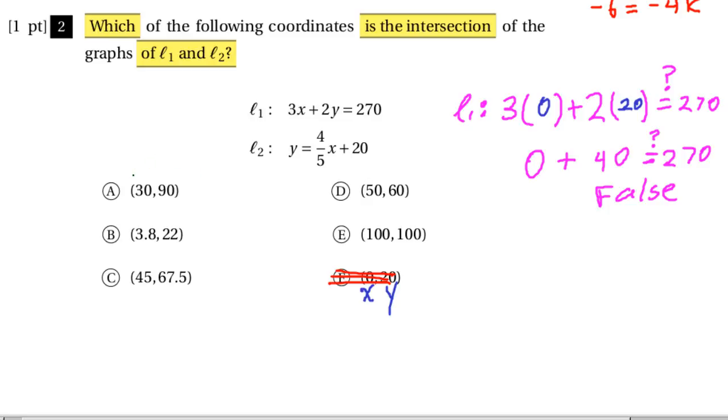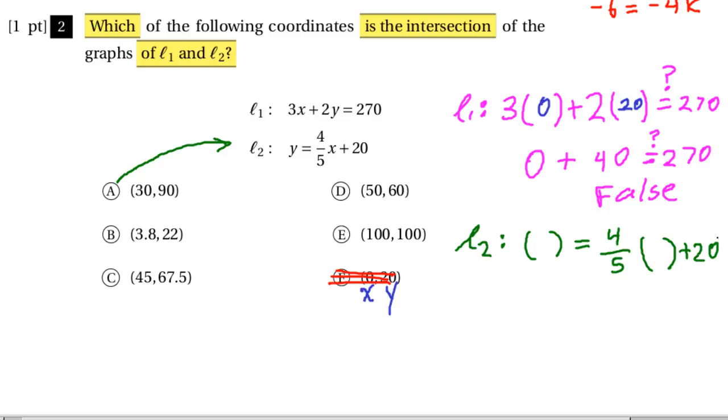So just on the off chance, let me try A, and this time I'm going to plug A into L2 just as an example of how to check for this. I'm going to say, well, we know that we're going to plug in y. I have y is 4 over 5 times x plus 20.